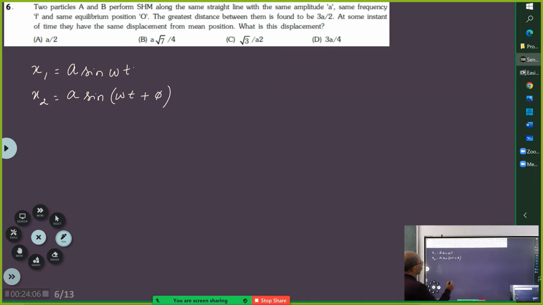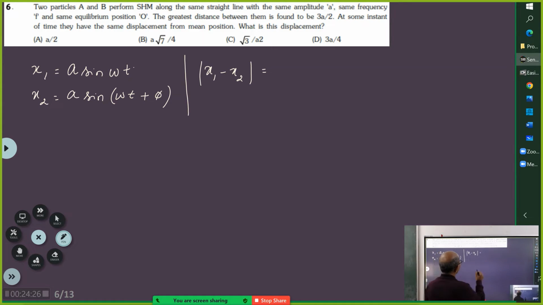So the second step, whatever they have given here, you have to take their maximum distance, that is modulus of x1 minus x2, that gives you the maximum distance, and in terms of equation you've got to write this.